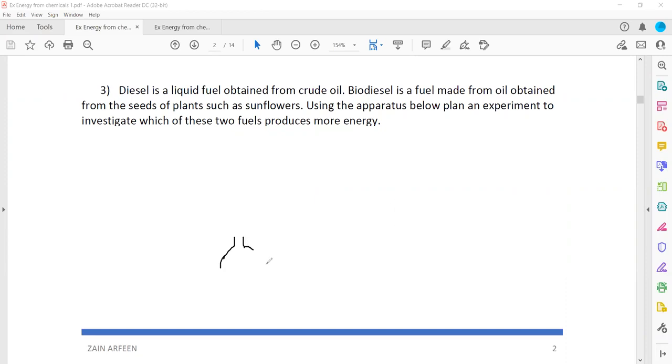So we'll take the spirit burner, filled with an equal amount of fuel. The one is containing diesel, another one is biodiesel. Biodiesel is basically a diesel obtained from plant seeds.